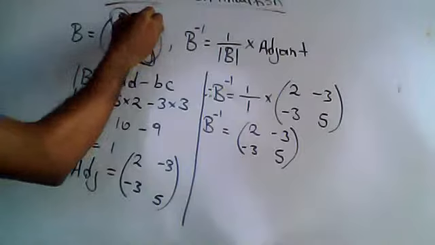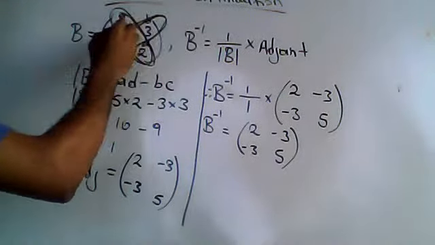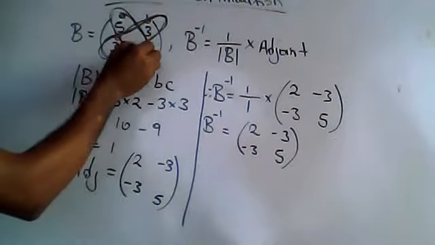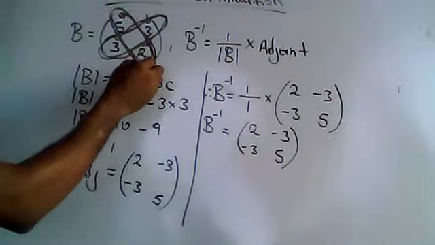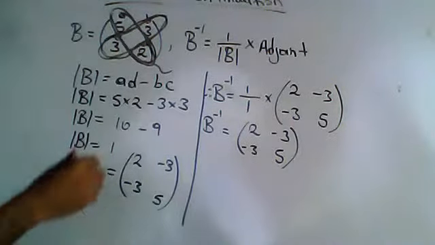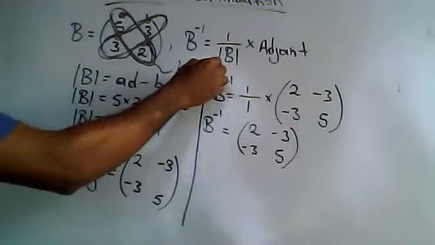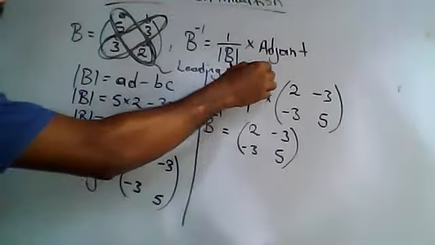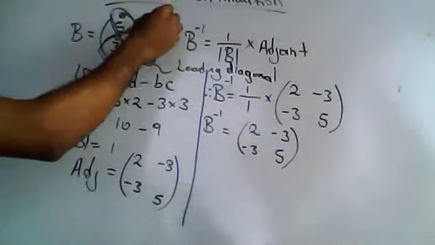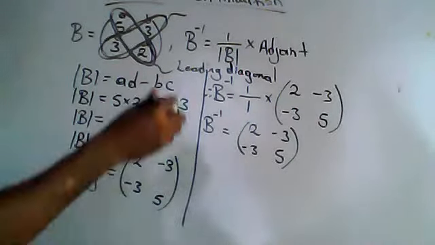So this forms an X. You realize it forms an X. The one that goes to the right-hand side at the bottom here would be the leading diagonal. And the other one at the top here would be the minor or non-leading diagonal. Minor. Get that? Thank you.